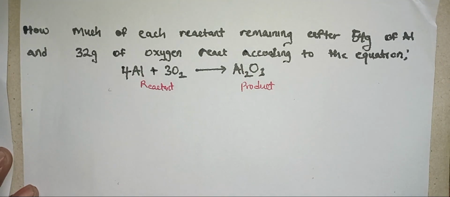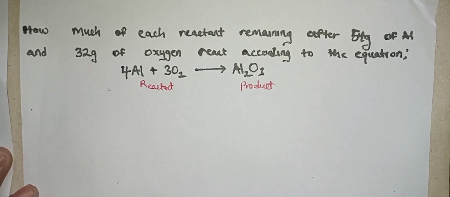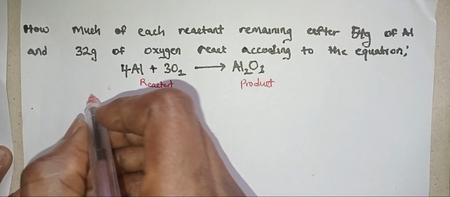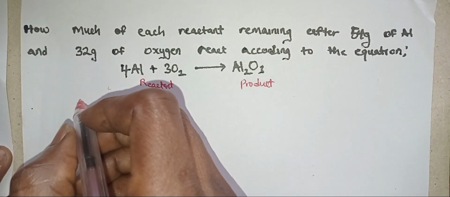In any chemical reaction, the limiting reagent is the one that's normally used up during the chemical reaction, while the one that is not used up is the excess reagent. So now for the solution, let's rewrite the equation again.